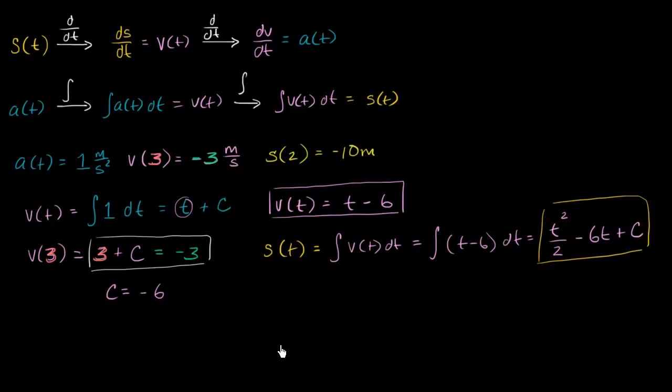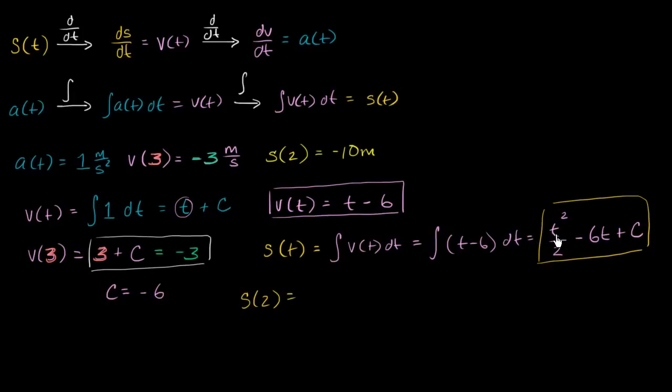And now we can try to solve for our constant. And we do that using this information right over here. At 2 seconds, our position is negative 10 meters. So s of 2 at 2 seconds is going to be equal to 2 squared over 2.